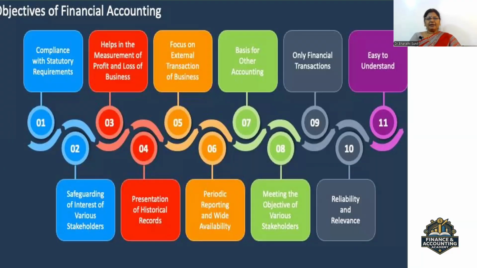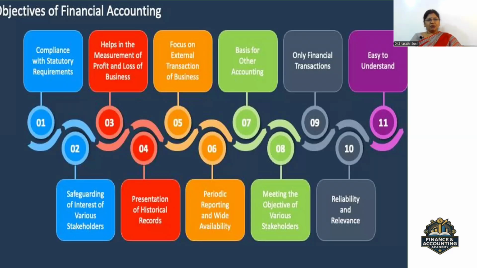Basis for other accounting. Manufacturing companies use financial accounting data to prepare cost accounts. This helps them track their production efficiency. Meeting the objectives of various stakeholders. A pharmaceutical company prepares its financial statements by taking into consideration the various interests of stakeholders.